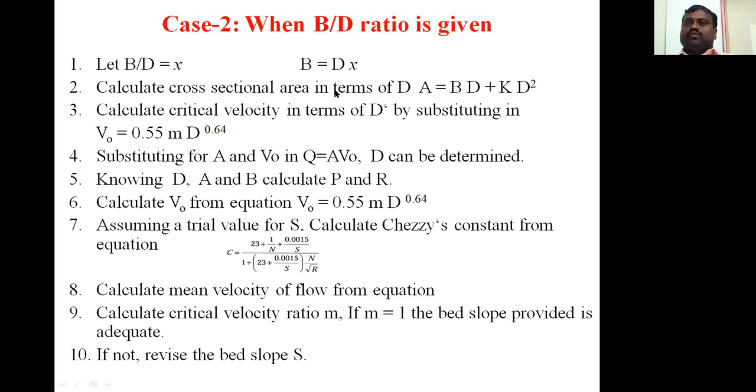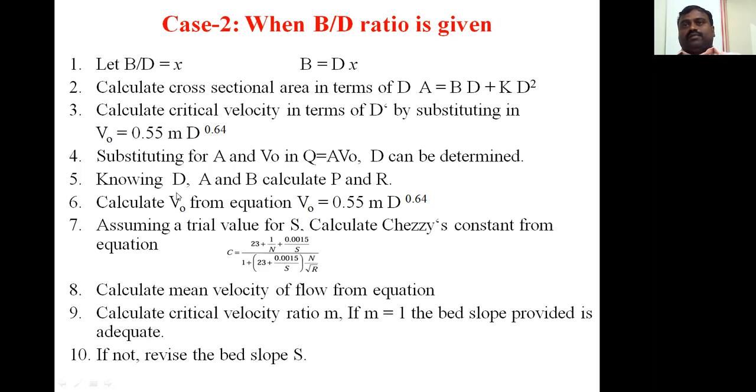In step 2, area is determined in terms of D, and in step 3, velocity is also determined in terms of D. Now substituting both in discharge equation, there will be only one unknown term, that will be depth of flow capital D. So therefore, making use of discharge equation, D can be calculated. Once D is obtained, B can be calculated, which is equal to D times X.